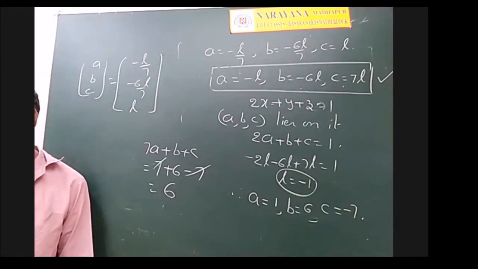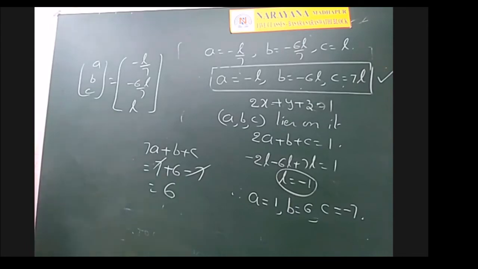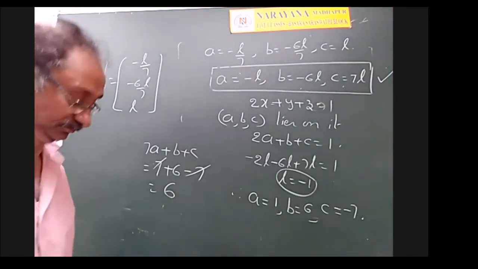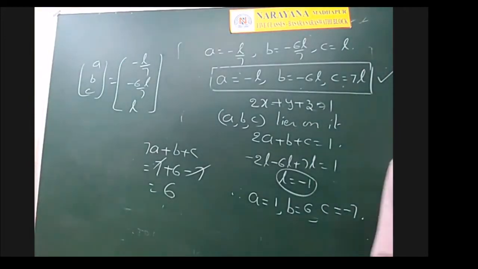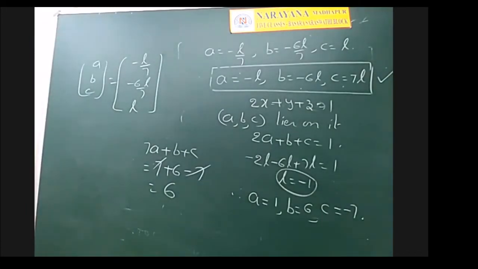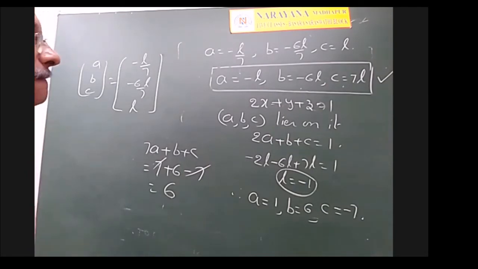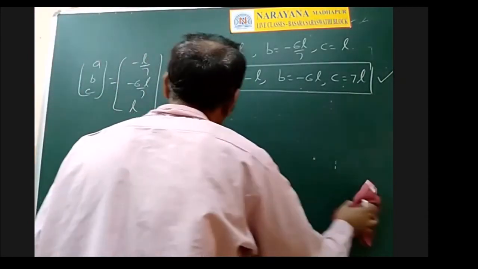And in the 27th question, we need infinite GP. Okay. Right. So the 25th question is over.